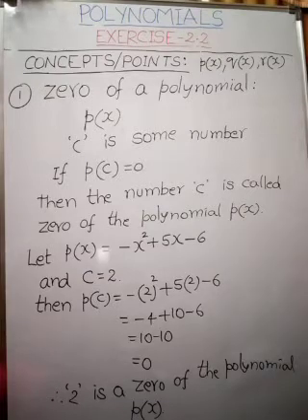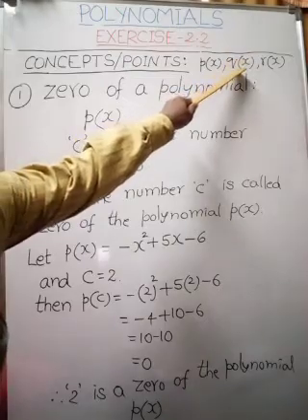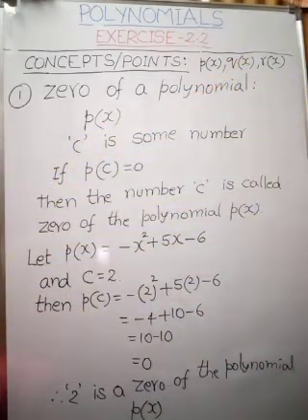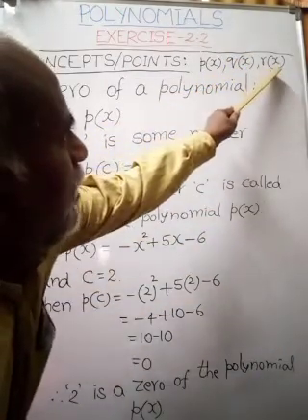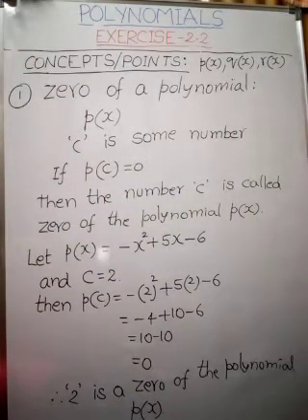In general, we use these notations to denote a polynomial in x. Throughout this chapter, P of x denotes a polynomial in x. Similarly, Q of x is also a polynomial in x. R of x is also a polynomial in x. Remember these points, my dear children, throughout this chapter.